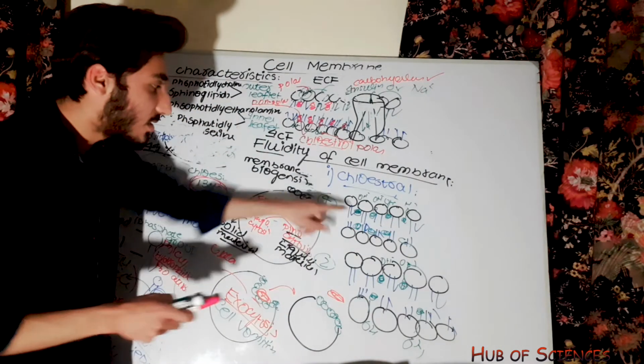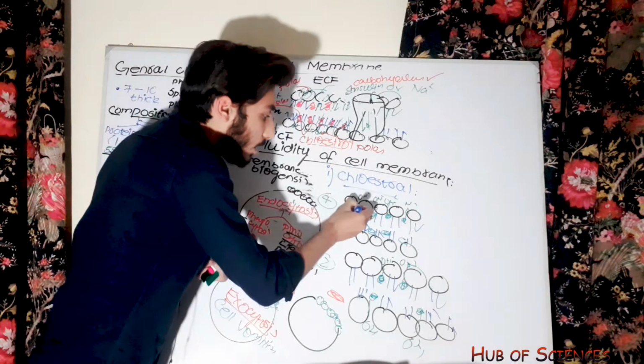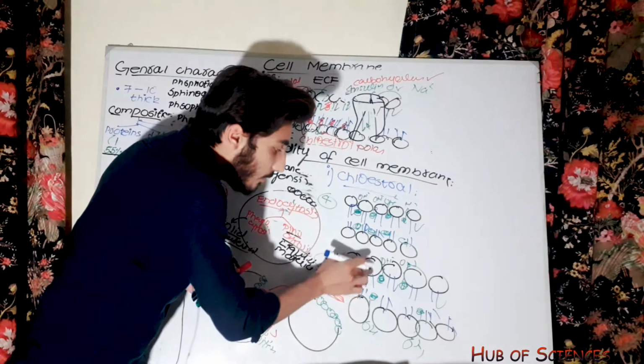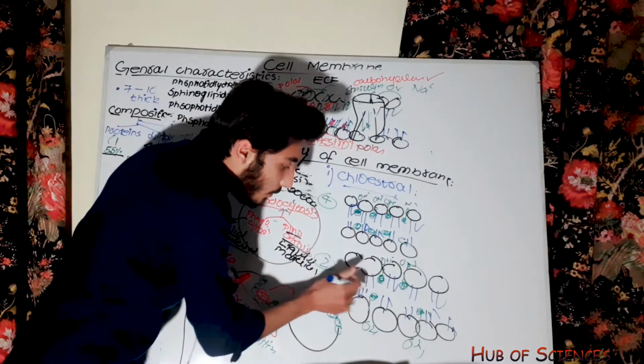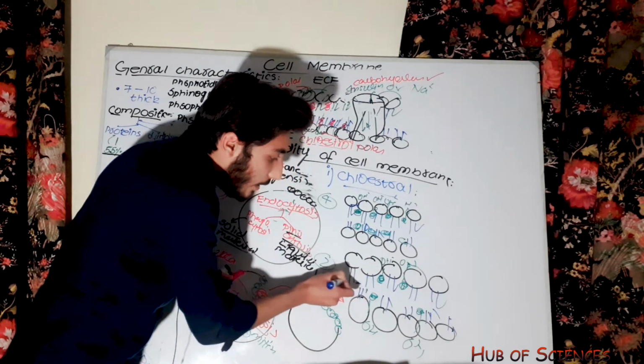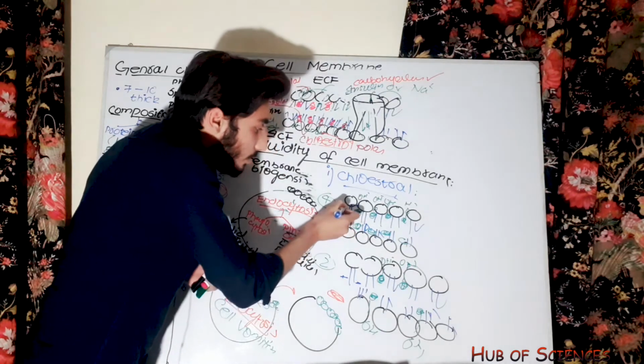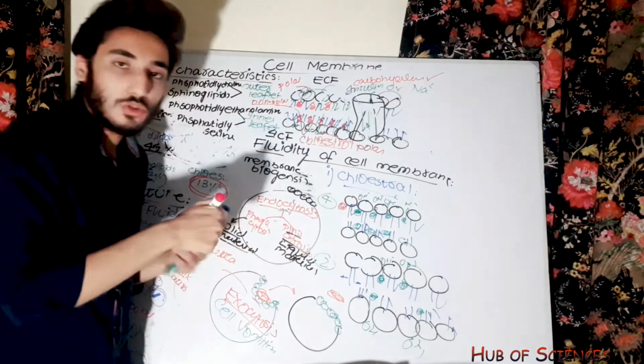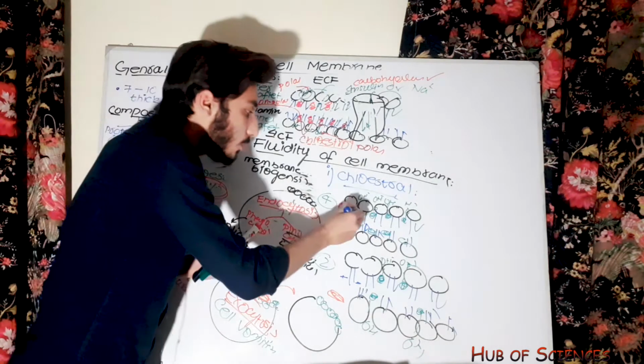In this region, if a phospholipid wants to move here, there will be hindrance from the cholesterol molecule. Here there is no cholesterol molecule, so the tail can move freely here and here, but on this side there will be another cholesterol molecule, so the tails cannot move freely.